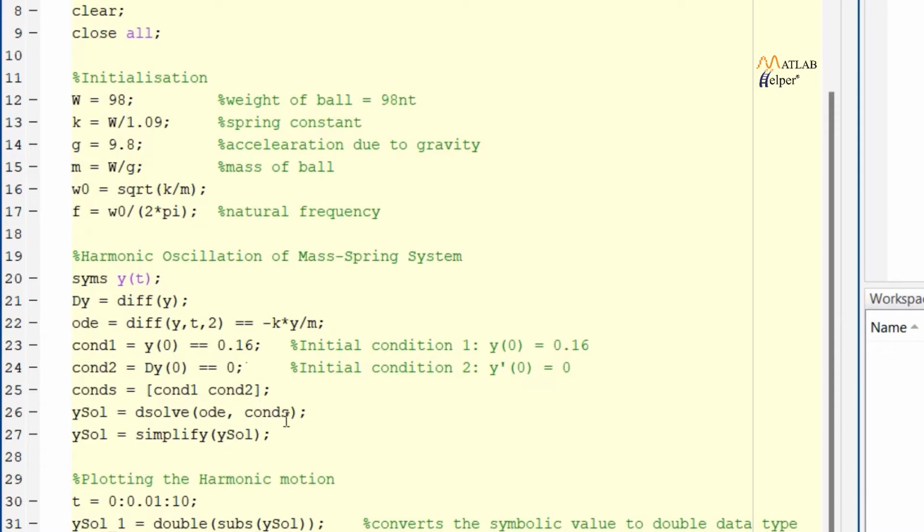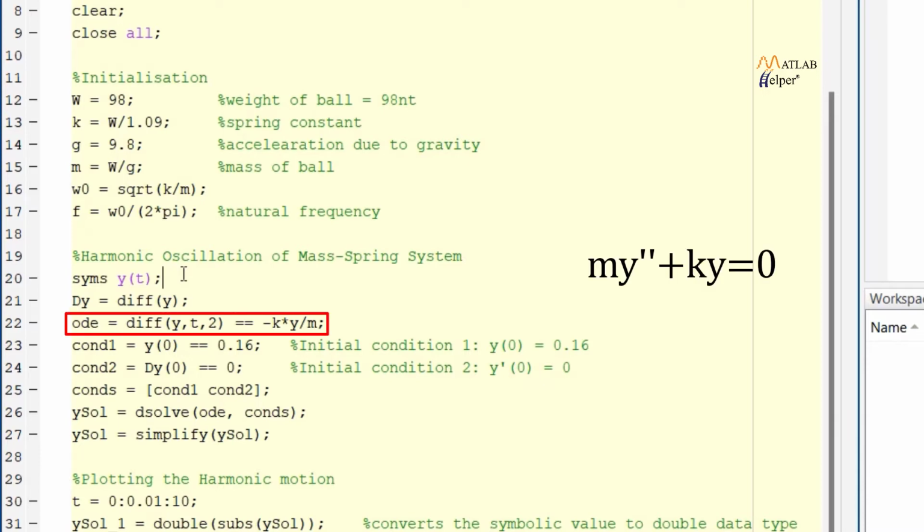Now the second part of our code is very important. I am assigning y of t here as a symbolic function. Then I am doing the differentiation of y and storing it in the variable dy. After that, I am assigning the ordinary differential equation which we obtained earlier by Newton's second law of motion to the variable ODE.